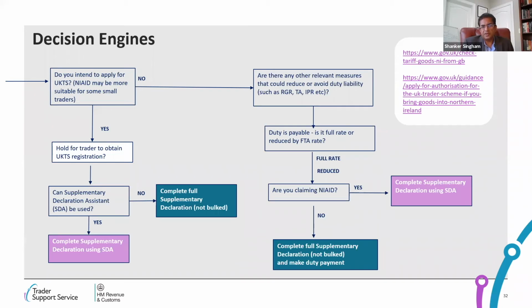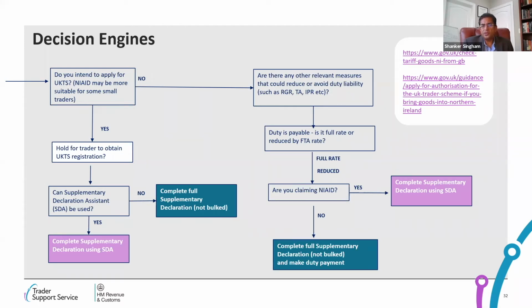Because it's not being processed, it's called a secondary movement. That means you have to pay a tariff, notwithstanding the trade agreement. If you're in that particular case, you can use RGR, return goods relief, to relieve you of paying the duty, but you have to have evidence of the movement from the EU into GB.